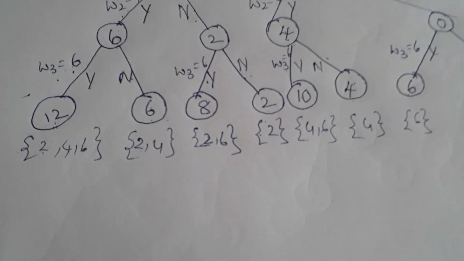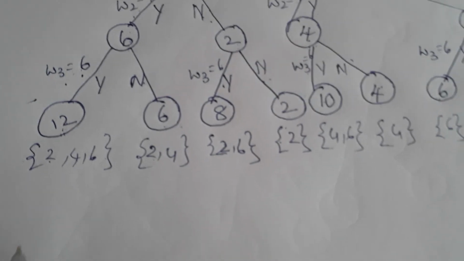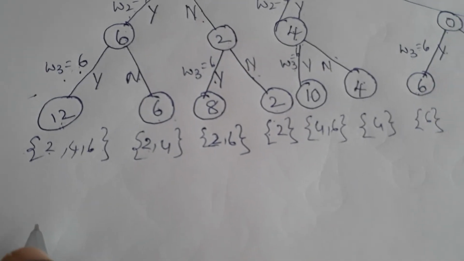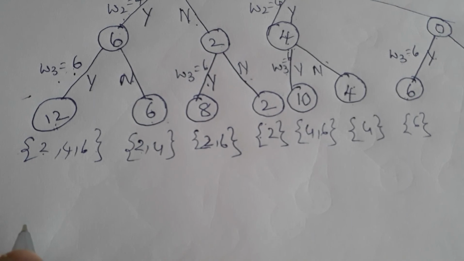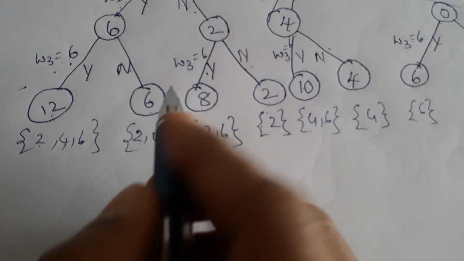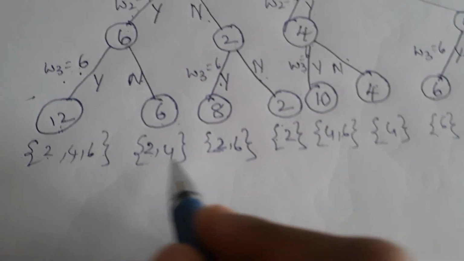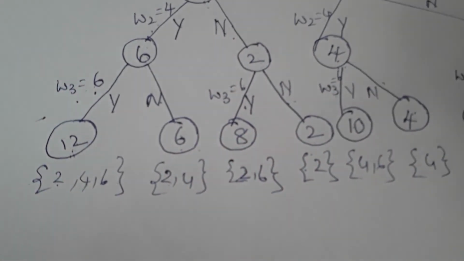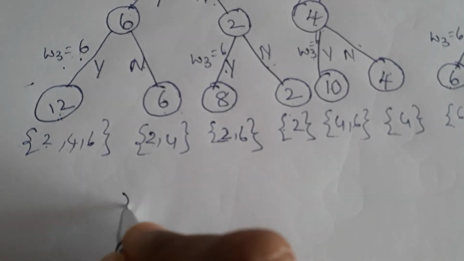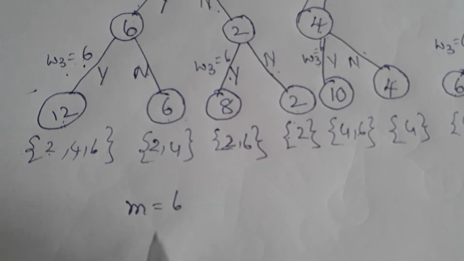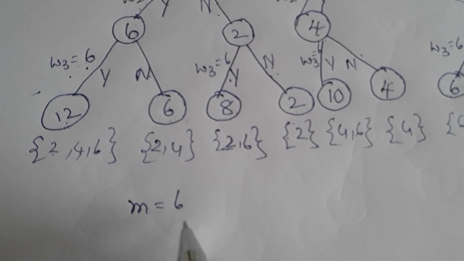Now the answer states. We need to find the answer states for the given problem. The answer states are the states which satisfy the explicit constraint that is given. What is the explicit constraint in this problem? m is equal to 6. That is, the sum must be 6.